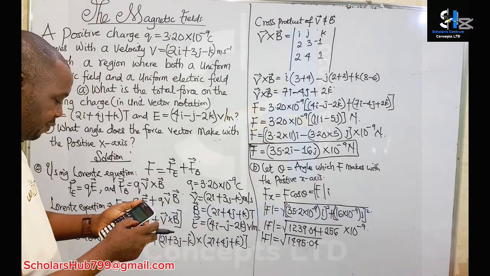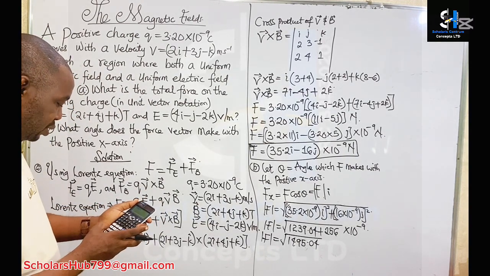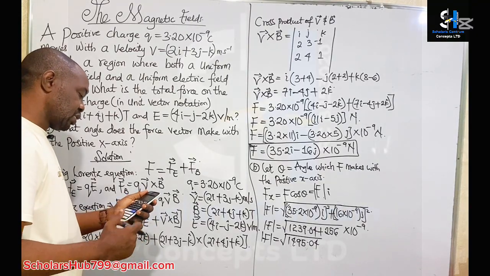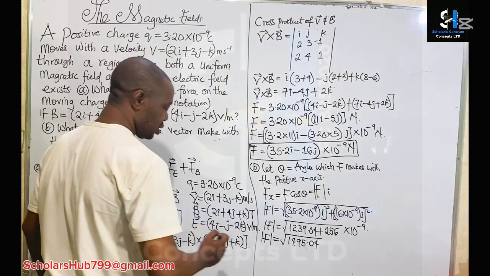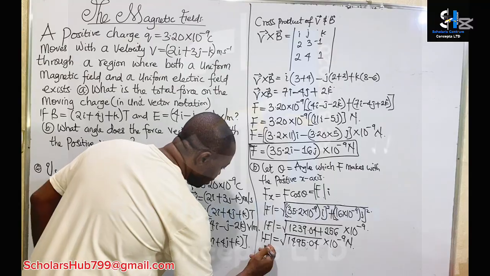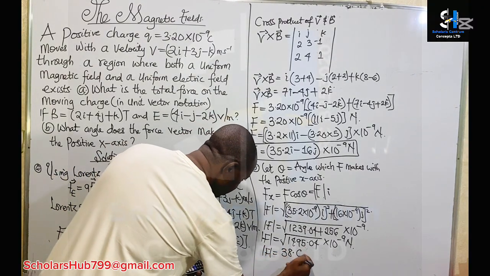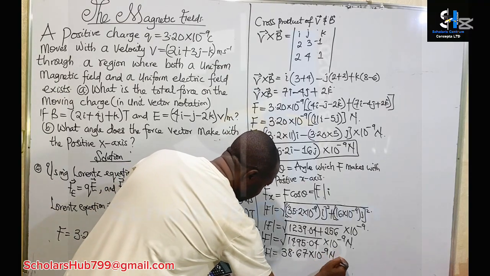Let's get the square root of 1495.04, and that will be 38.67. Then we still have 10 raised to the power of negative 9 Newton. So the magnitude will be 38.67 times 10 raised to the power of negative 9.